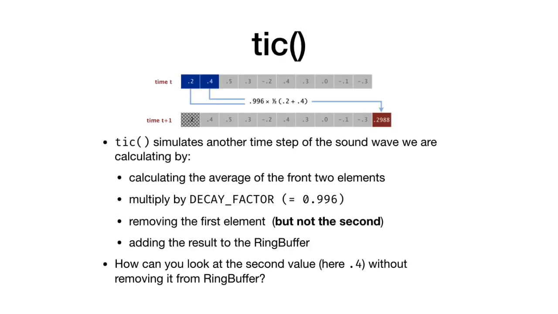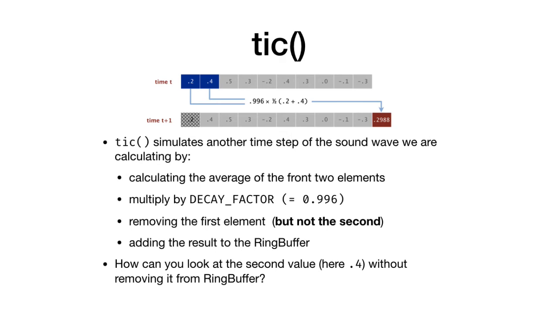Now we get to the actual meat of this GuitarString, which is the tick method. The tick method is what's responsible for taking one step and further simulating the oscillation of the sound wave. The way that it works is best explained by the diagram at the top, which is in the assignment description.